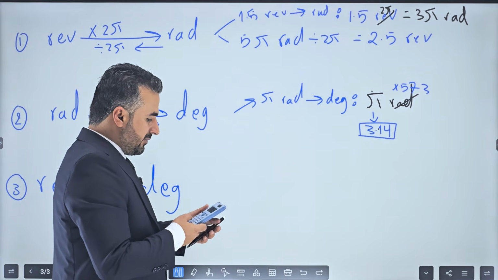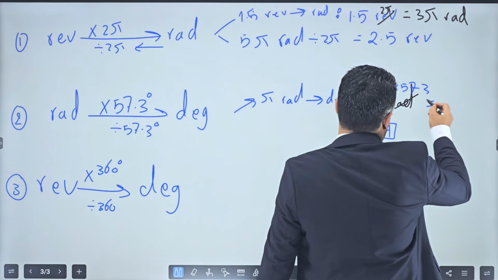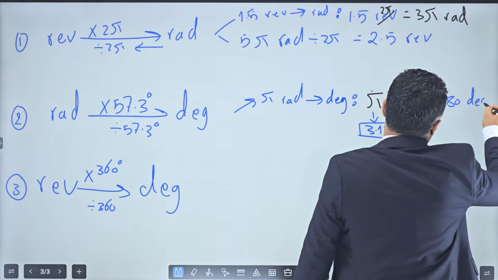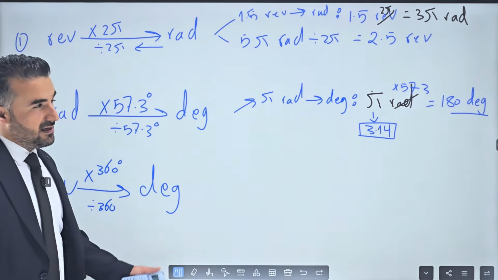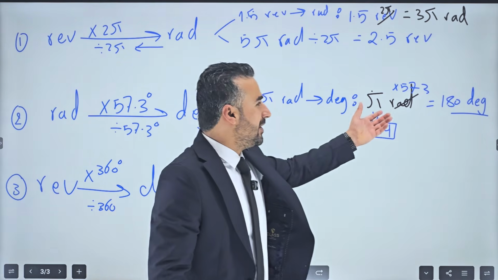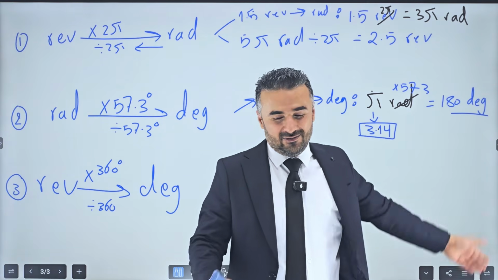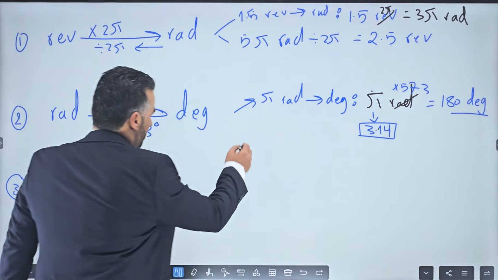The answer is going to be 180 here. And I think that's simple enough, right? So it is going to be 180 degrees here. If you want to convert pi to degrees, that is 180. That's a bit odd though.